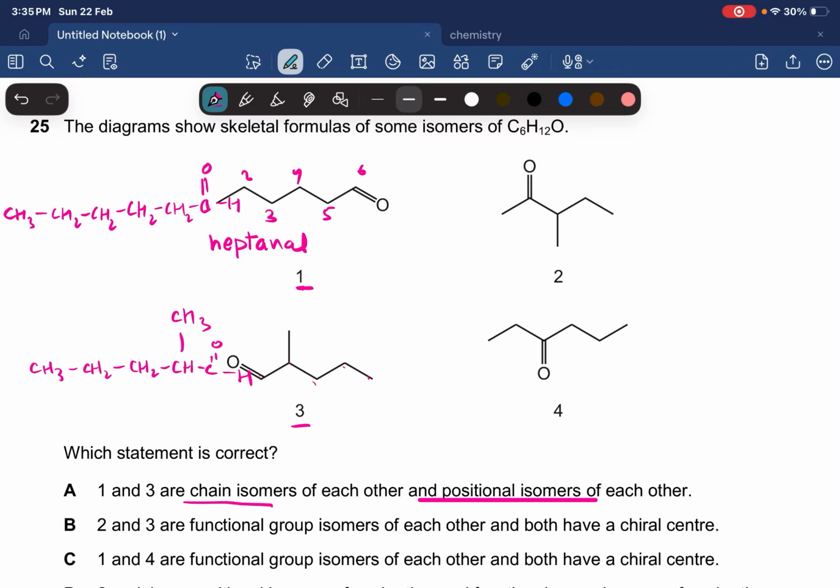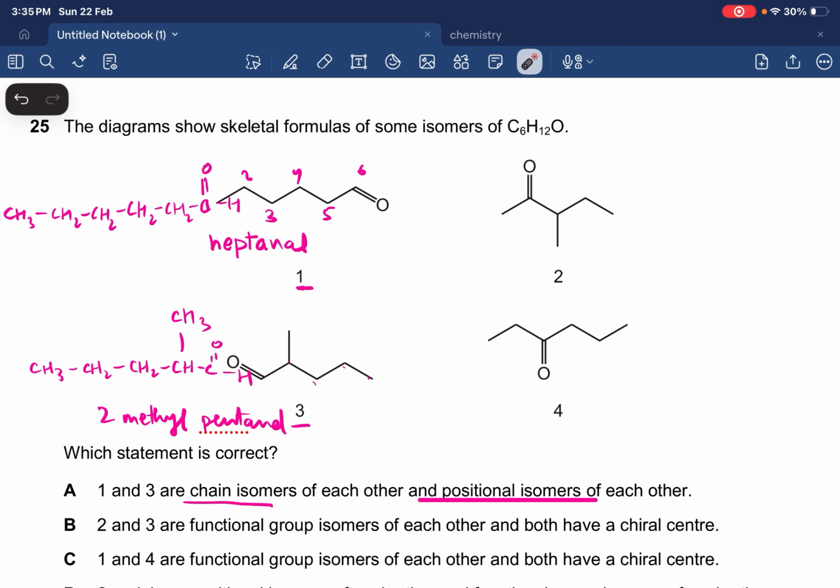And this is 2-methylpentanal, right? Because on the second carbon we have a methyl and that's pentanal.